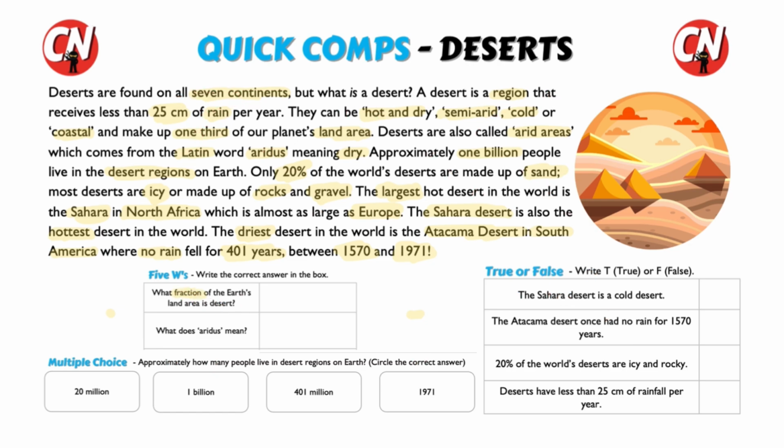So in the text, I'm thinking, where is there a fraction? Now, again, we don't need to read the whole text. I'm just skimming the key information: region, 25, 1/3. There we go. So I just read back now: they can be hot and dry, arid, cold, and make up 1/3 of our planet's land area. Brilliant. So I'm going to answer that question and just put in 1/3. Okay. I'm going to go to black.